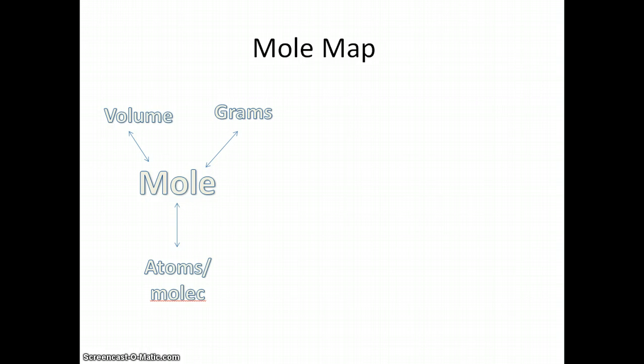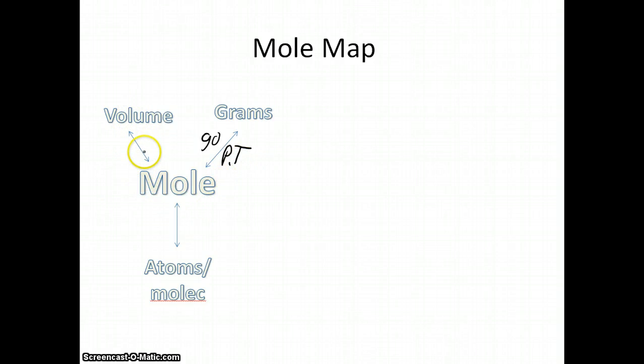First thing we need to remember is what we're converting to. So if our quantity that we know is in moles, and we're going to grams, to go from moles to grams or grams to moles, we need to go to the periodic table to find the molar mass of whatever we're trying to find.